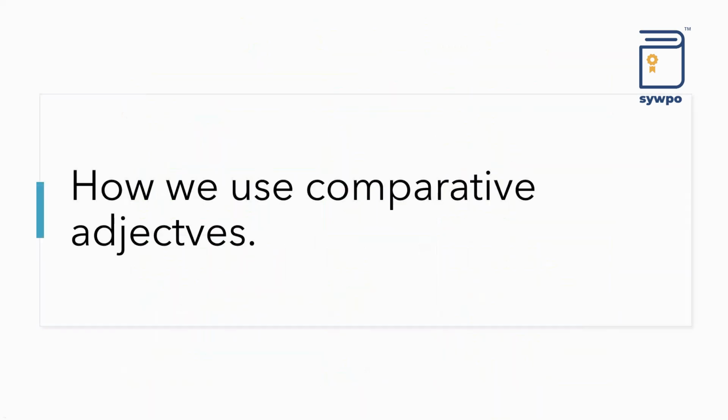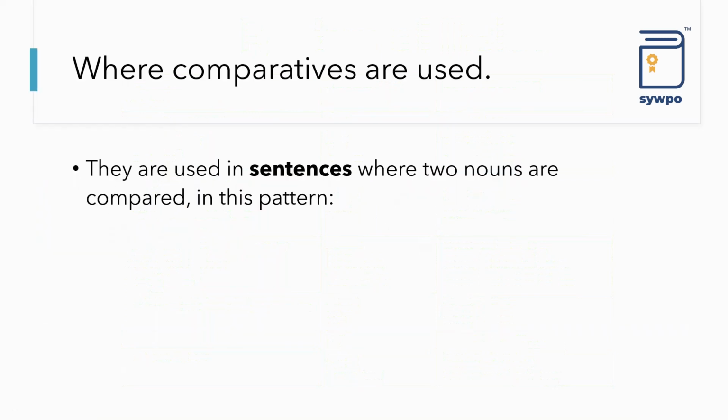And now is the time we have to know how we use comparative adjectives in a sentence. Here we are. Comparatives are used in a sentence where 2 nouns are compared. How many nouns, how many objects, how many things? Always remember, 2 nouns. It can be 2 objects because objects are actually nouns, obviously. Name of anything is noun.